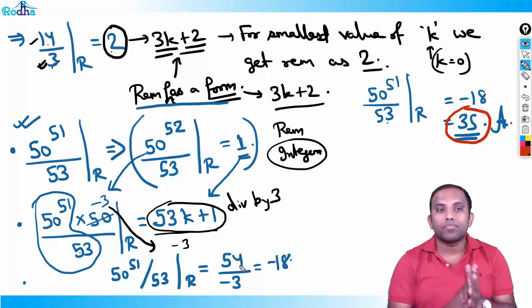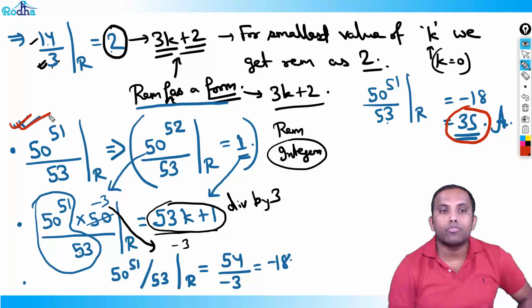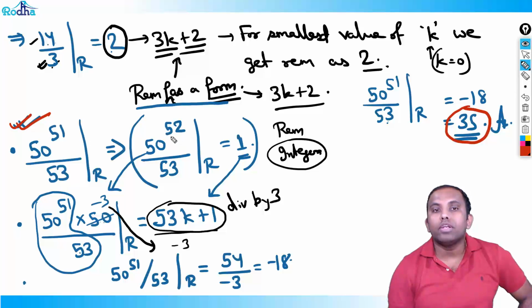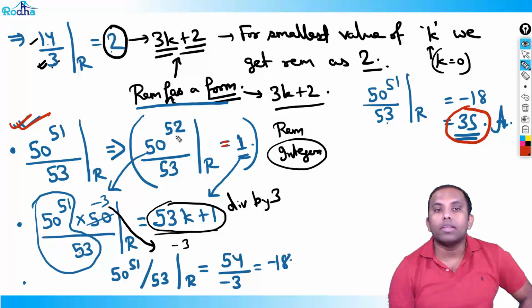I'll again repeat it. The question was 50 raised to 51 by 53, what is the remainder? I know that Euler of 53 is 52, so 50 raised to 52 by 53 has remainder 1. From here I go reverse. This is reverse Euler. I need just one number before 52, that is 51.